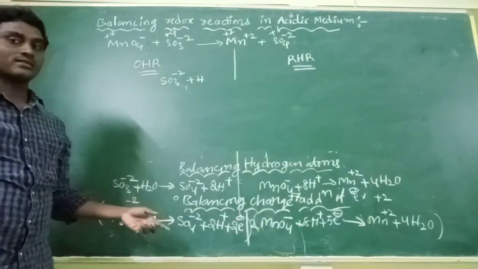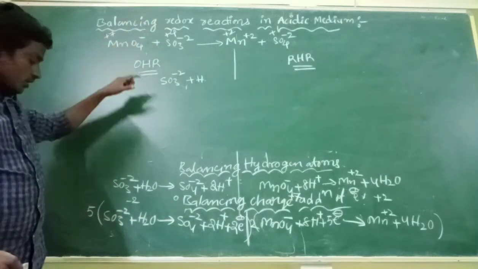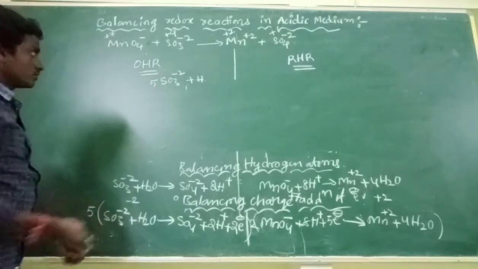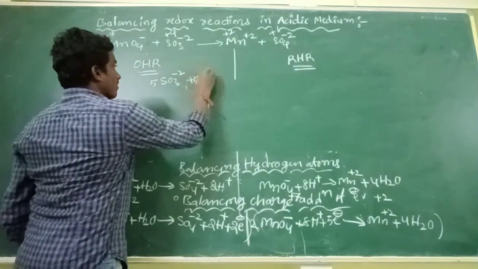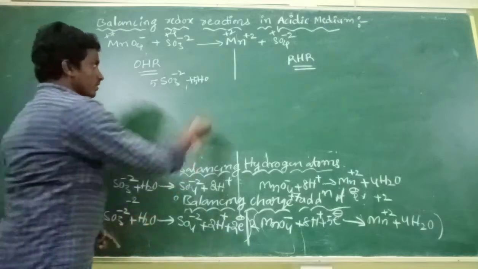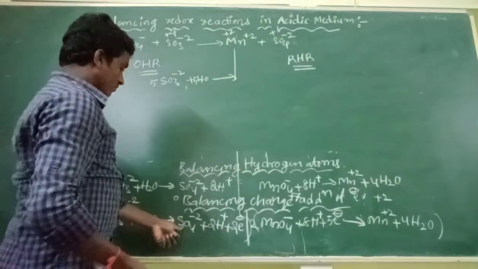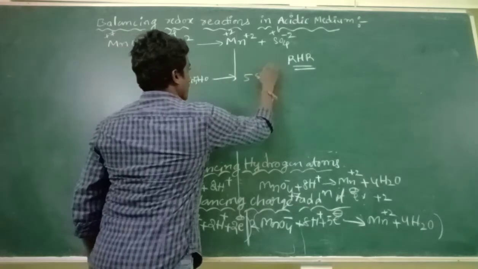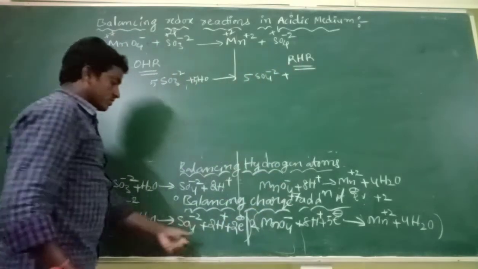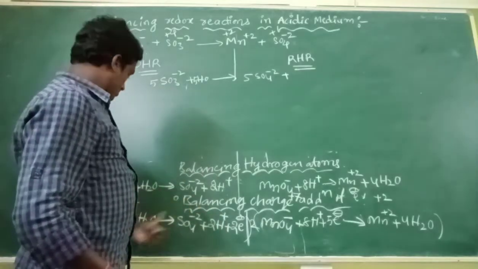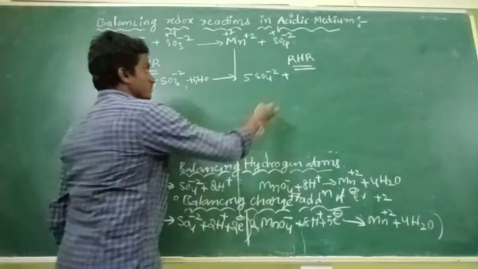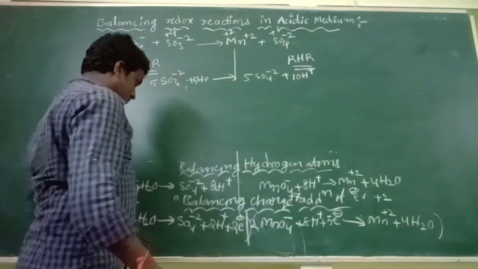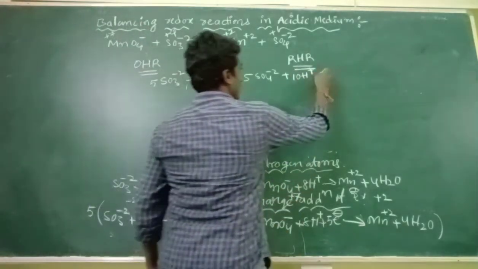Okay, now this is 5SO3 minus 2 plus 5H2O gives 5SO4 minus 2 plus 10H plus, and 5 2s are 10 electrons.